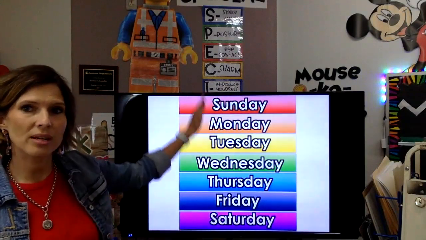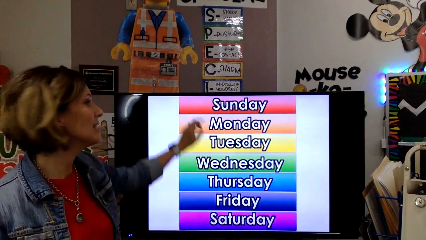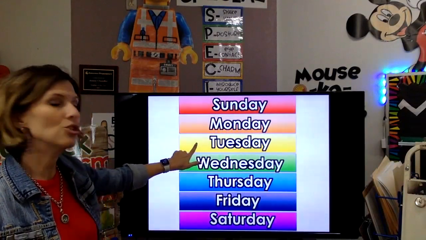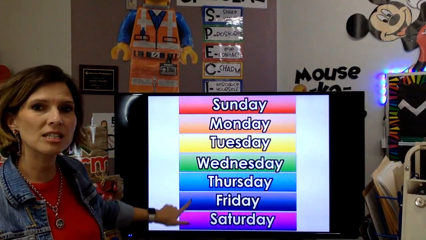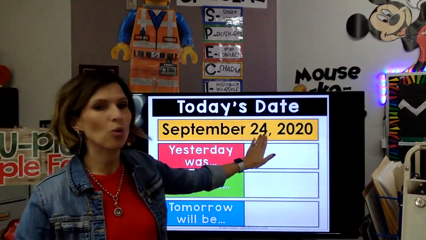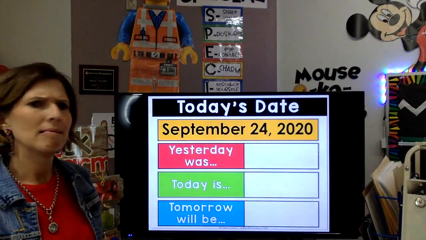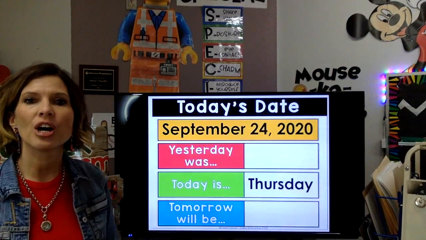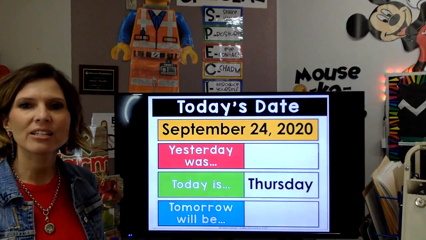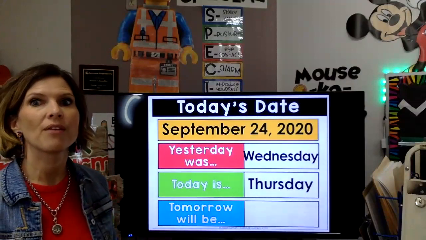So how many days are in a week? 7. There are 7 days in the week. Let's say them. Sunday, Monday, Tuesday, Wednesday, Thursday, Friday, Saturday. And today's date is September 24th, 2020. And what is today? It is Thursday. And yesterday was Wednesday. And tomorrow is my favorite day. What's tomorrow?